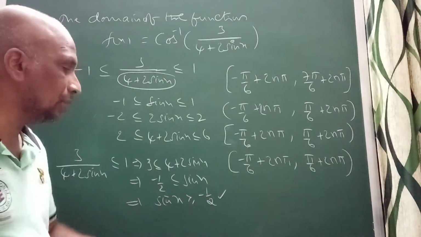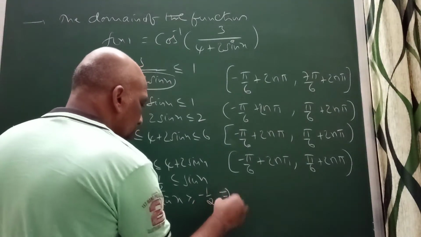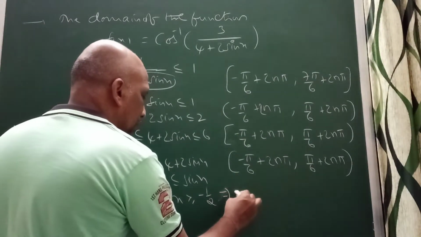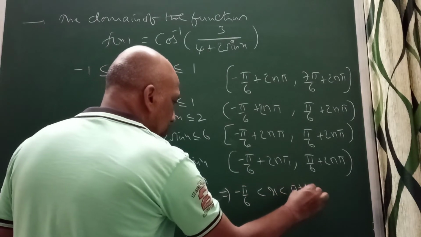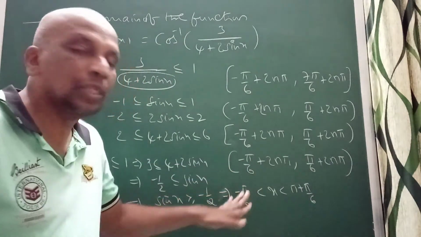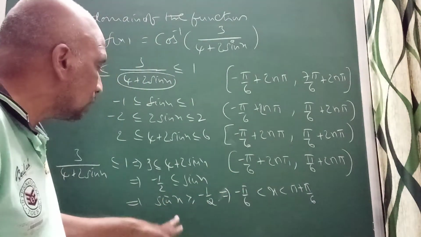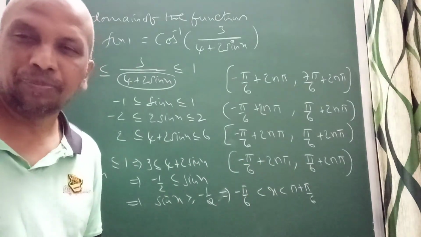Well, this is more than that. So what should I consider here? From this I can conclude that x lies between minus pi by 6 less than x less than pi plus pi by 6, right? In this case this is positive, here is negative, right? So x lies between minus pi by 6 to pi plus pi by 6. Correct.